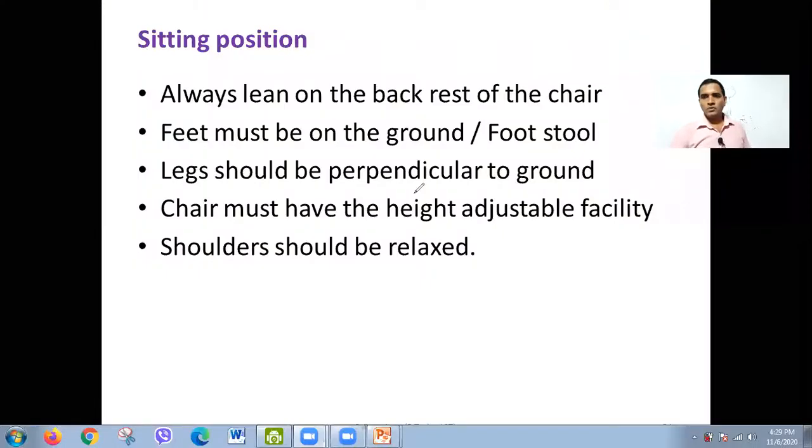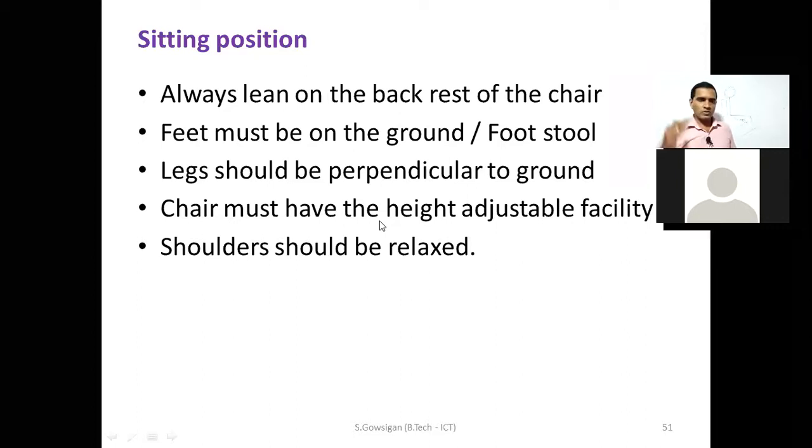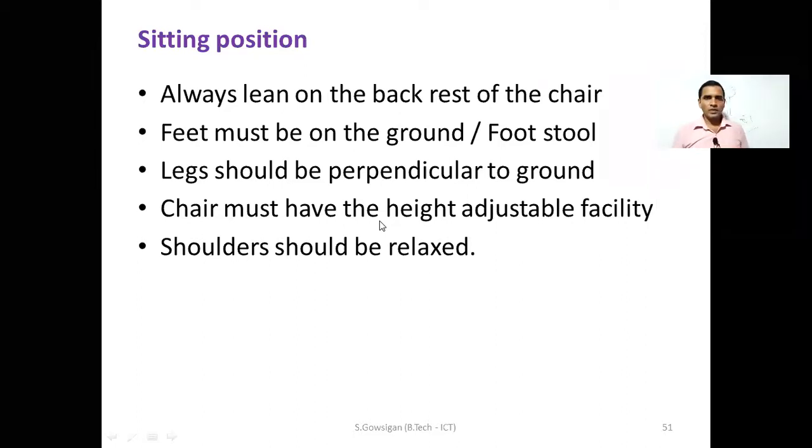Right. So then your computer chair must have height adjustable facility. Right. So your chair must have height adjustable facility. This is important because, as I discussed the other day, in the last class, I told you that the monitor should be straight to eye level or a little below eye level.